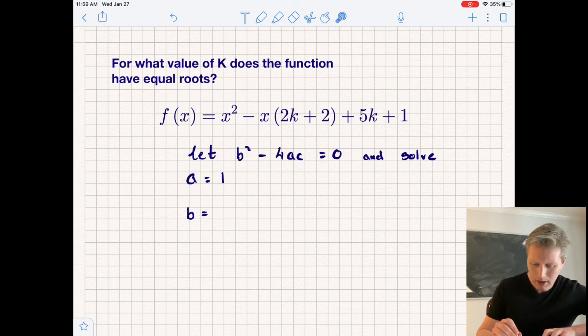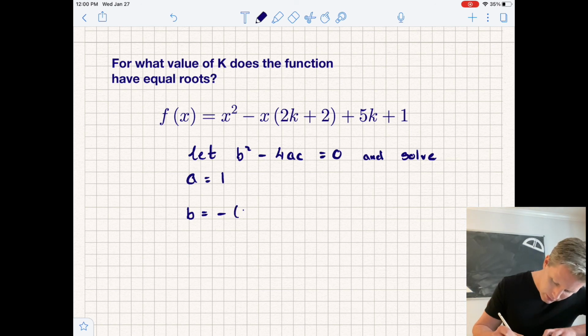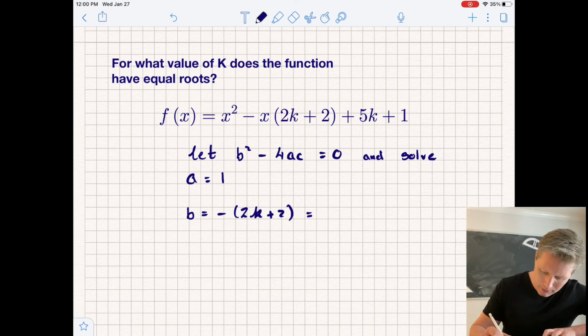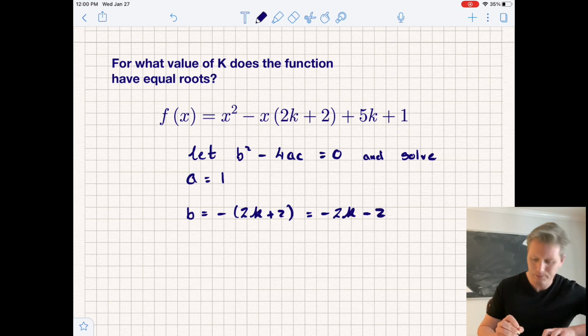I have a 2k plus 2 on my x, but I have a minus out in front. And so the coefficient on my x term is minus, 2k plus 2. So it is negative 2k plus 2, which I could write by distributing the negative into the parentheses. That's minus 2k minus 2.